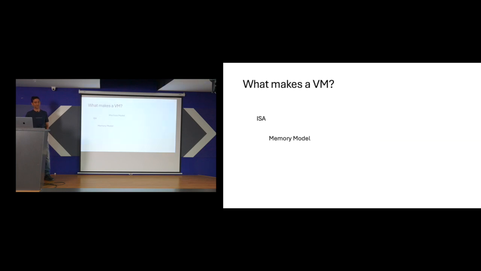So we have a third defining criterion of what makes a VM. We knew about the ISA and the memory model. We now have what is referred to as the machine model. Sometimes you'll also call this the execution model.